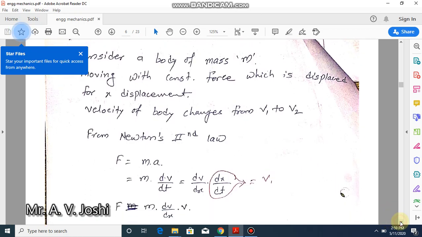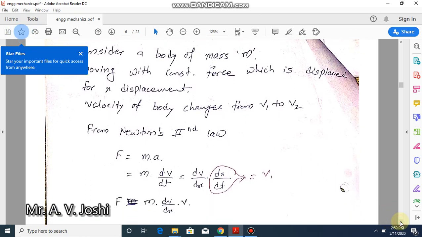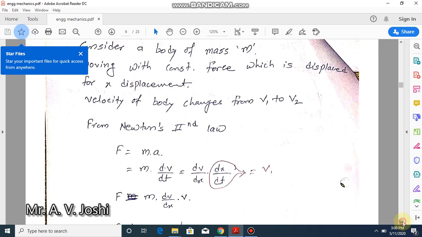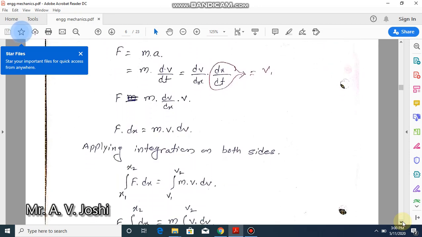By using this, m dv by dt equals m dv by dx into dx by dt, which is v. So F equals m into dv by dx into v. So F dx equals m v dv.